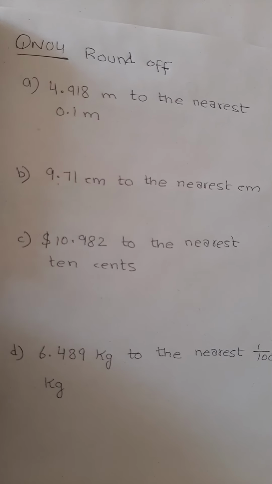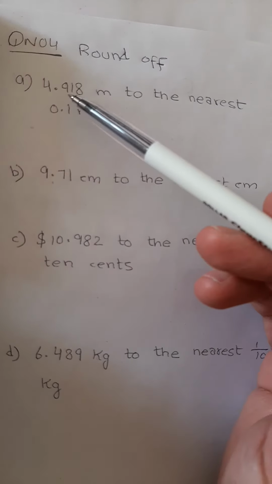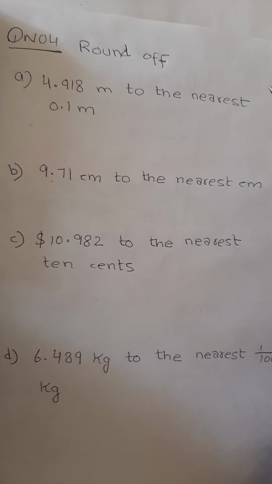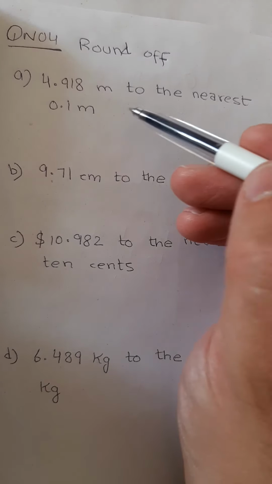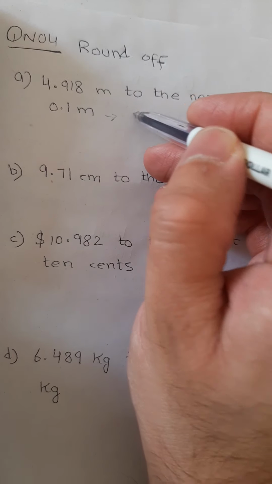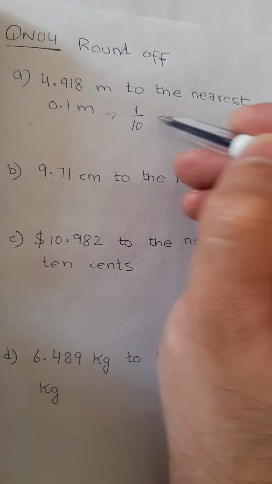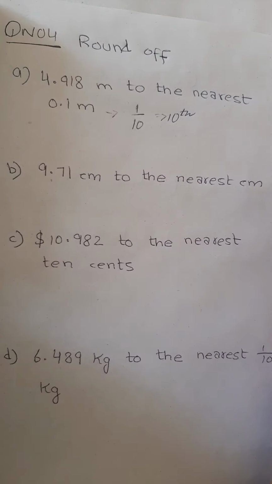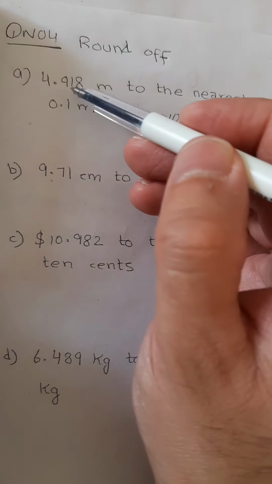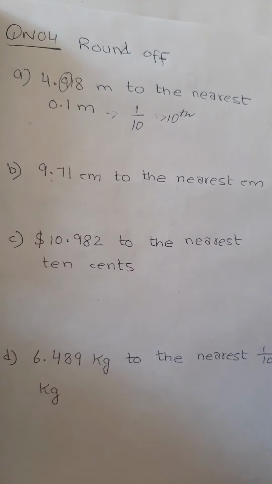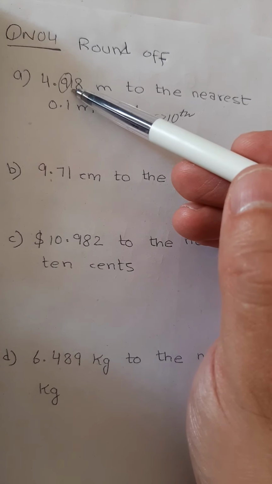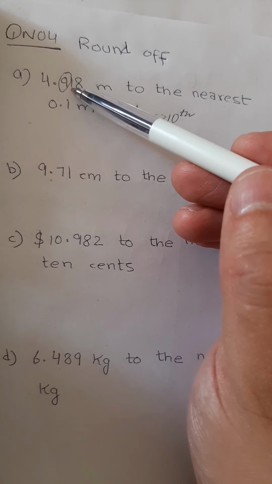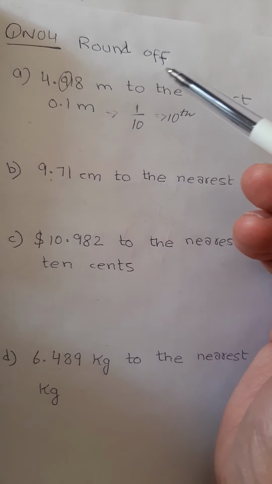In question number 4, you have to round off 4.918 meter to the nearest 0.1 meter. Actually, this 0.1 meter is 1 by 10 place, or you can say that it is 10th place. This is 10th, this is 100th, this is 1000th, or you can say this is 1 by 10, this is 1 by 100, this is 1 by 1000.